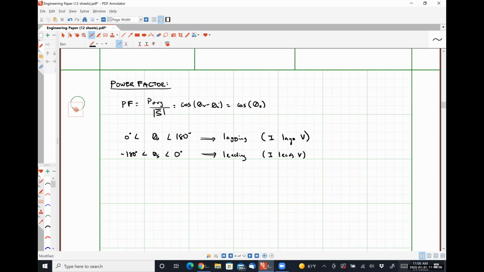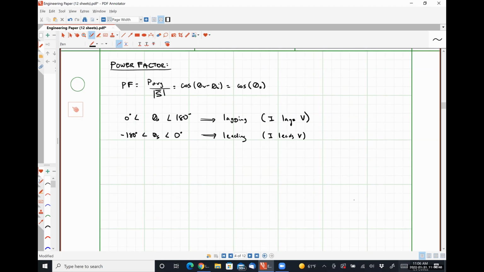All right, so we have introduced, gosh, I think at this point, pretty close to 10 relationships having to do with complex power. So the next thing that I want to do is introduce the concept of a power triangle, which is just a handy graphical device that helps you remember how things are related.